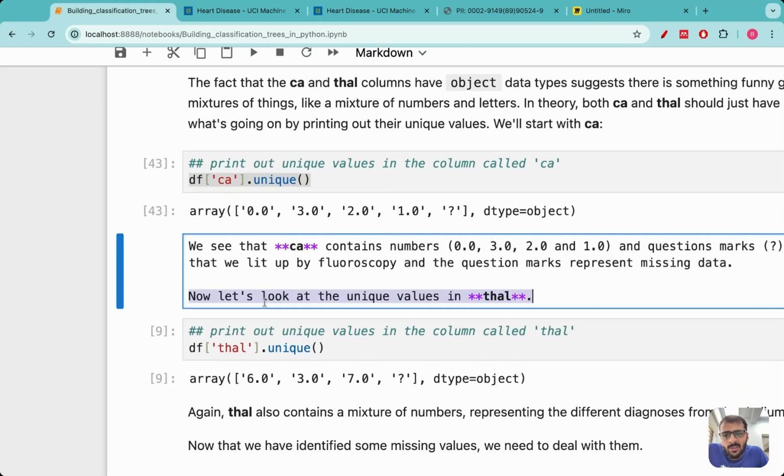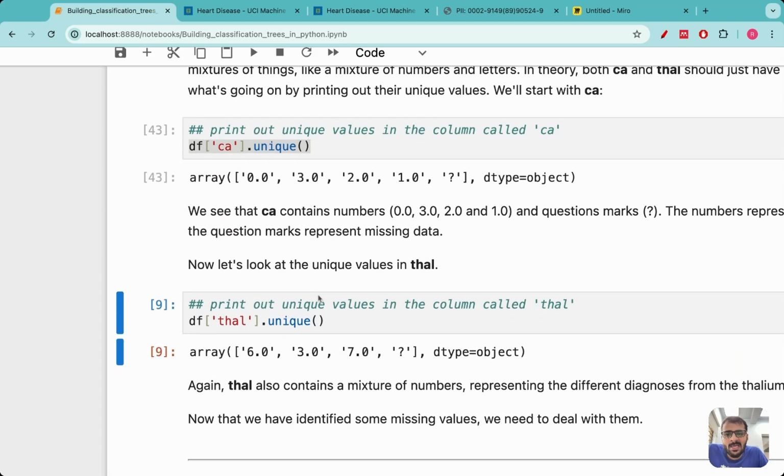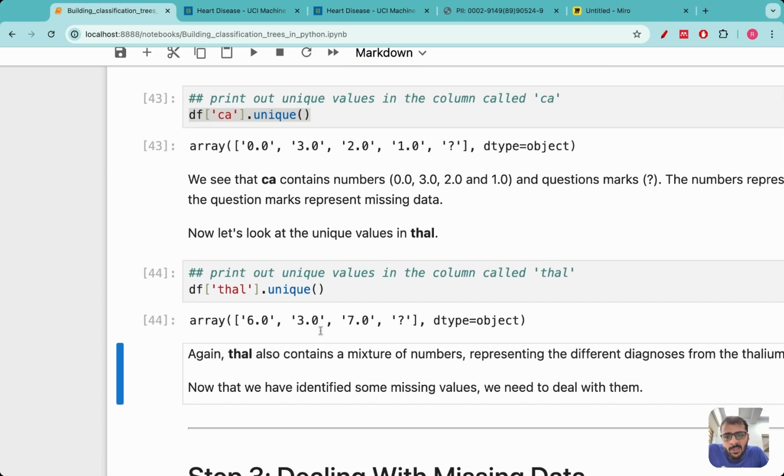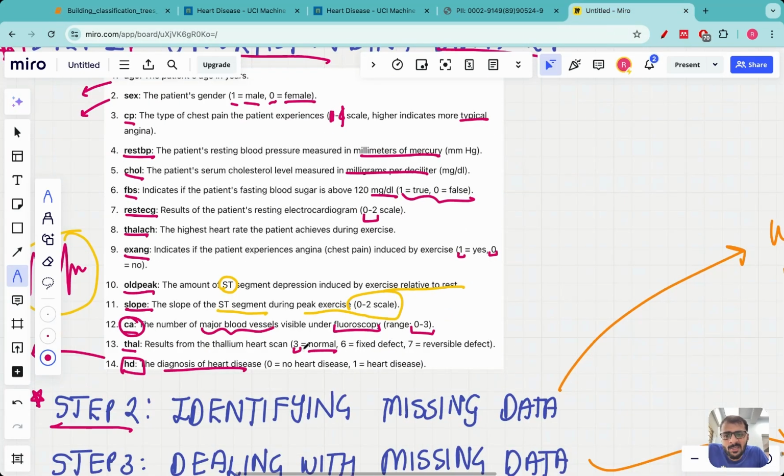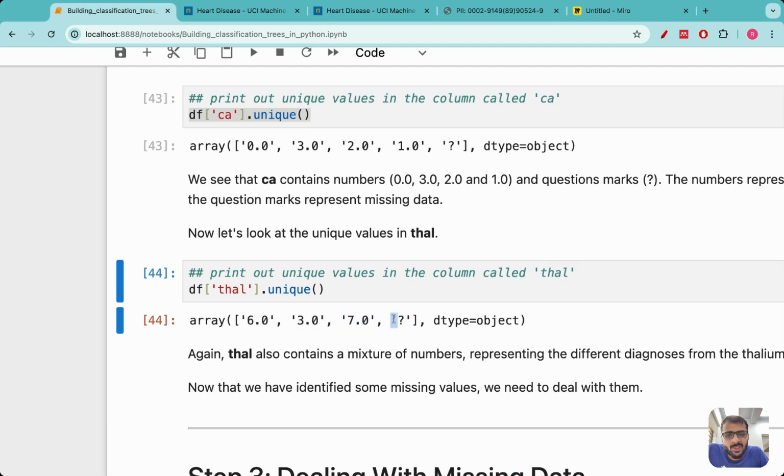Now let's look at the unique values in thal, which means thallium heart scan. If you print data frame thal dot unique, you will see that it contains 6, 3, and 7. These definitely make sense because 3 is for a normal scan, 6 is for a scan with fixed defect, and 7 is for a scan with reversible defect. That's fine, but there is a question mark over here.